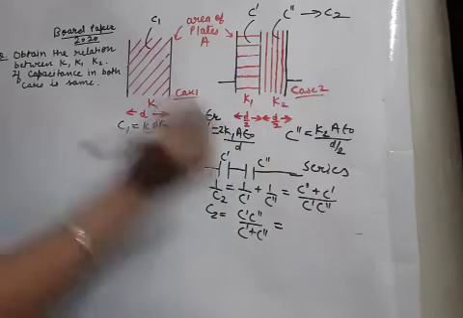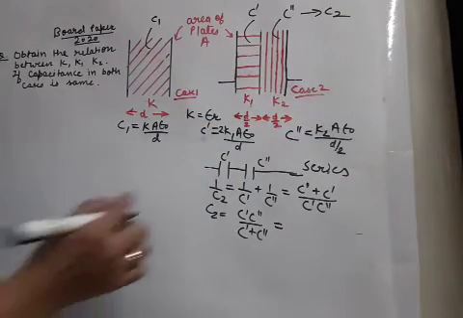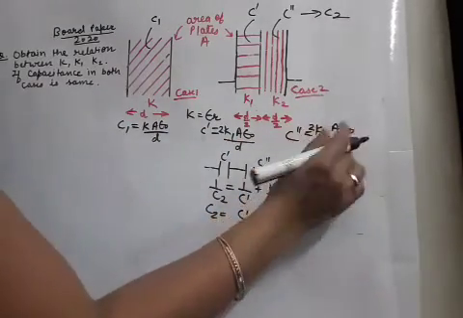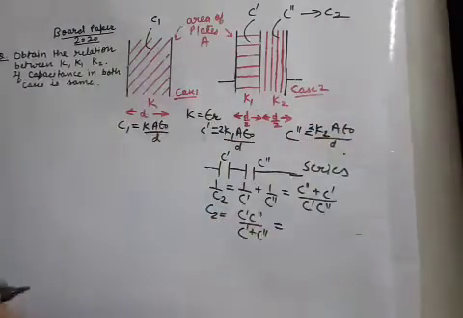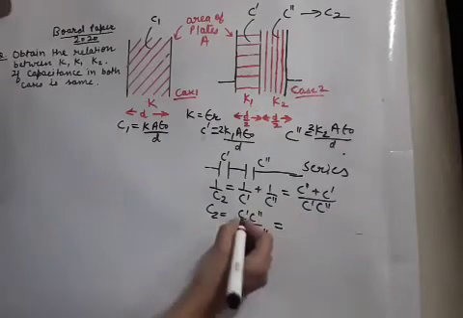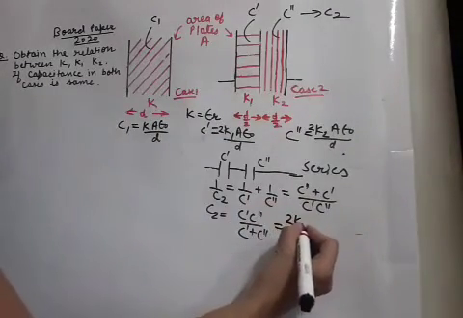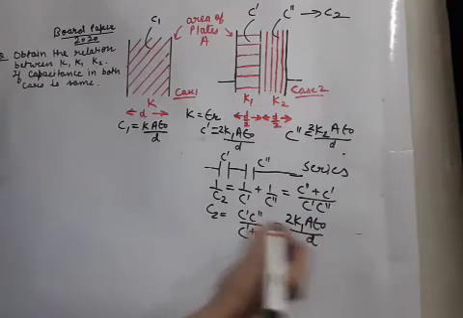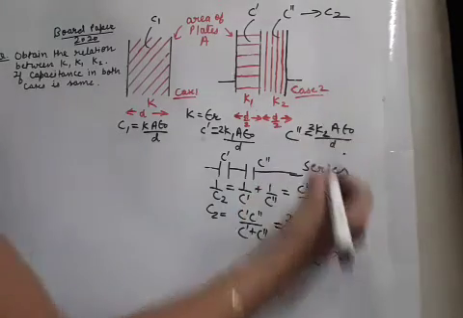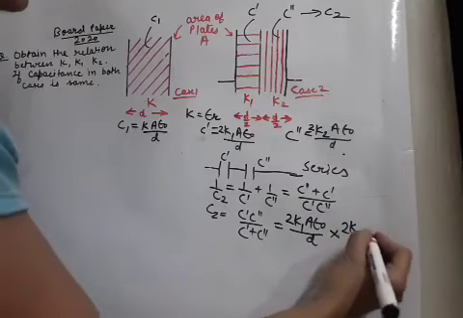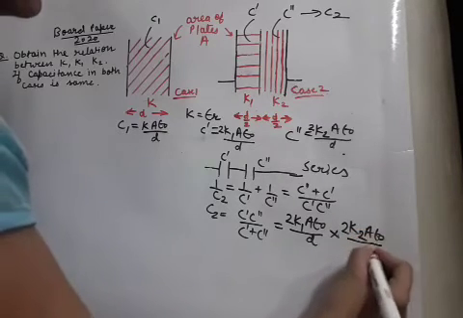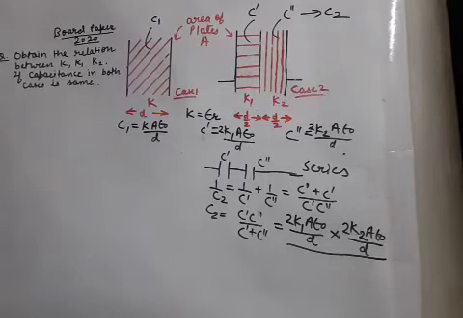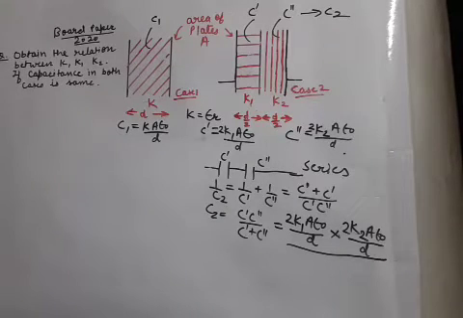The d by 2 part becomes 2 upon D, and in the same manner 2 is shifted here also. Now let us put the values. C dash is 2 K1 A epsilon 0 by D, into C double dash 2 K2 A epsilon 0 by D, upon C dash plus C double dash.